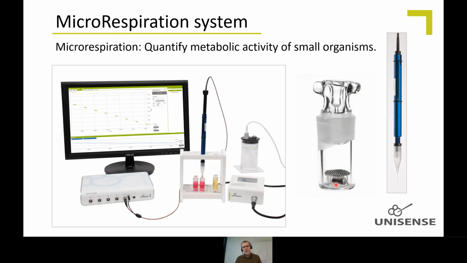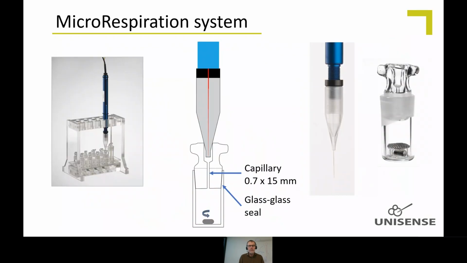This is glass coated, so it doesn't give off or take up any gases. There's a glass ring around this one, and there's a stainless steel mesh on top of it. This is if you want to have an organism in here that you don't want to be destroyed by the rotating magnet down here. If you work with microorganisms, you don't need this, then you'll just have the magnet. There's a stirring controller that keeps this stirred, and then there's software that keeps track of data and calculates rates.